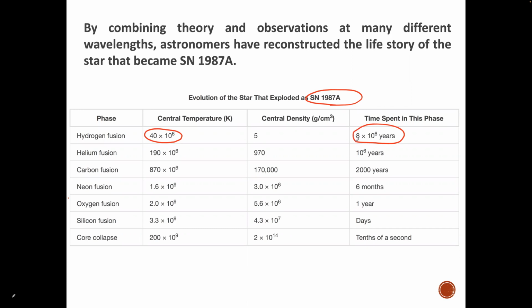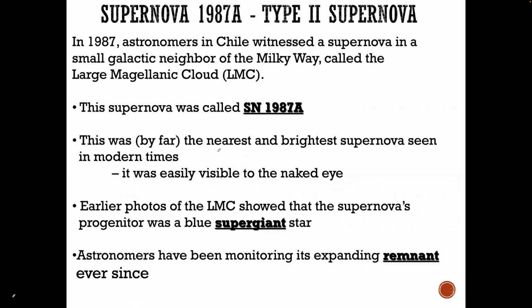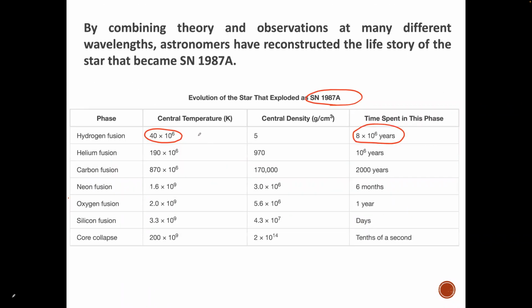Now you can see that when you go down, the central temperature increases, which is what should happen because you create heavy elements. At each stage, they start fusing heavier elements, oxygen, silicon, like that, until you have the core collapse at the end for this high mass star, right?